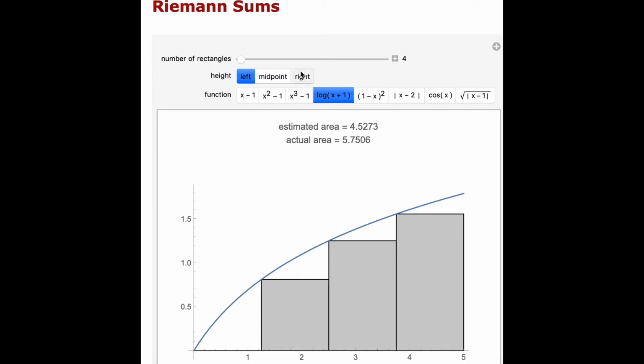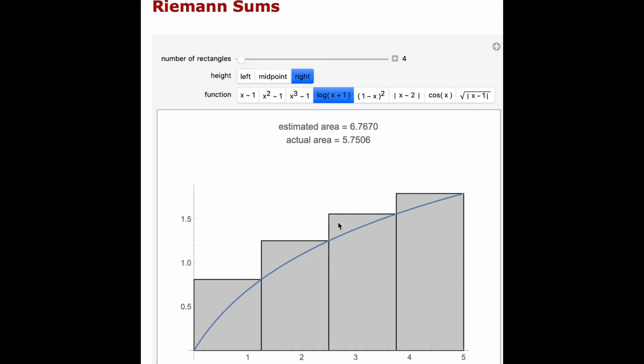If I look at the right side, this clearly overestimates it on this graph. The midpoint would seem to have some balance to it because the left side seems to balance out what's not included on the right side. But this is not true for all graphs.